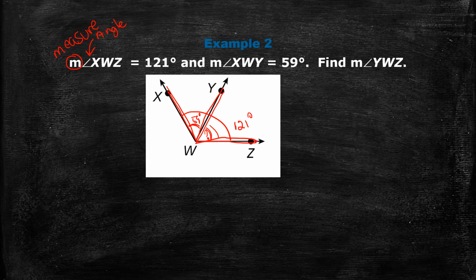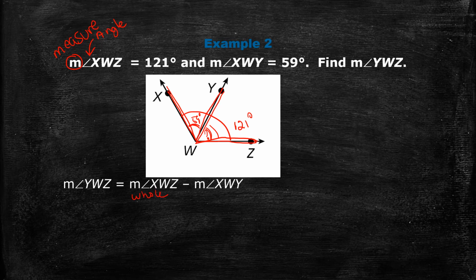Now, we were talking about if you know the whole big angle, you just subtract out the smaller angle to find the remaining angle, and that would give you what your remaining angle would be. So I'm just going to rephrase this. Instead of saying the whole angle is equal to the smaller plus the smaller, this is the whole angle right here, right?